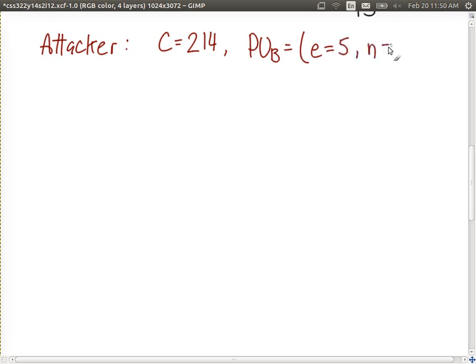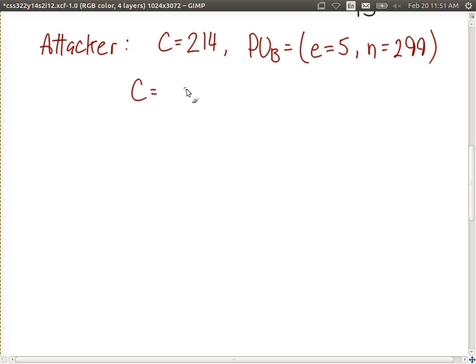N was 299. And we know the algorithms, the steps which we use. What do we want to know? Let's say we want to find the message. The idea was confidentiality. We want to find M. How do we find M? Let's look at the algorithms. Let's write them down, at least the encryption and decryption.